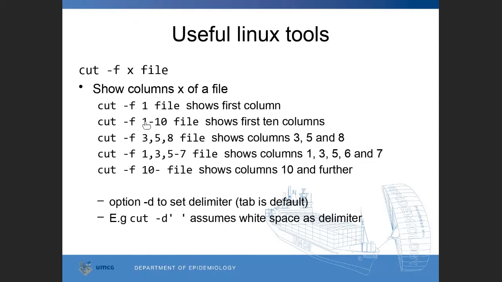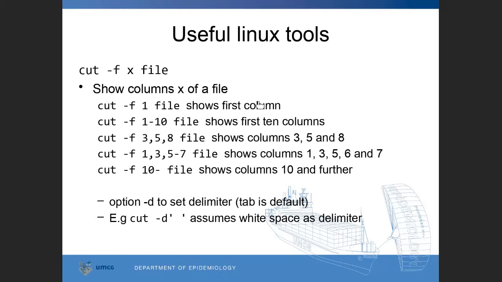So if a file is actually comma separated, then this -f1 will just give you all columns because you didn't specify the delimiter of the file.